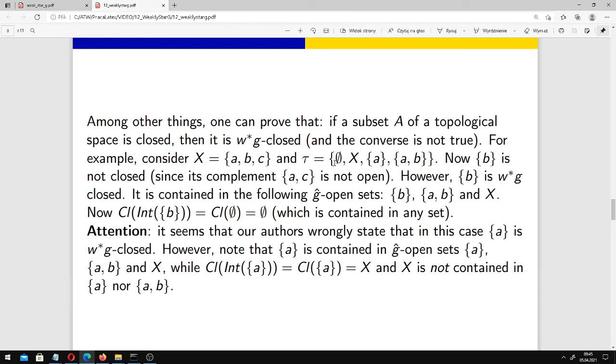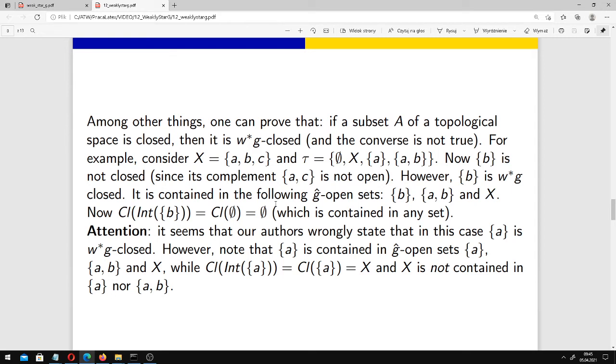However, the singleton of B is weakly star g closed because it's contained in the following ĝ-open sets: {b}, {a, b}, and X. Of course, you should find all these ĝ-open sets, all these semi-pre-open sets, semi-open sets. These things have been performed by our authors in their original article.